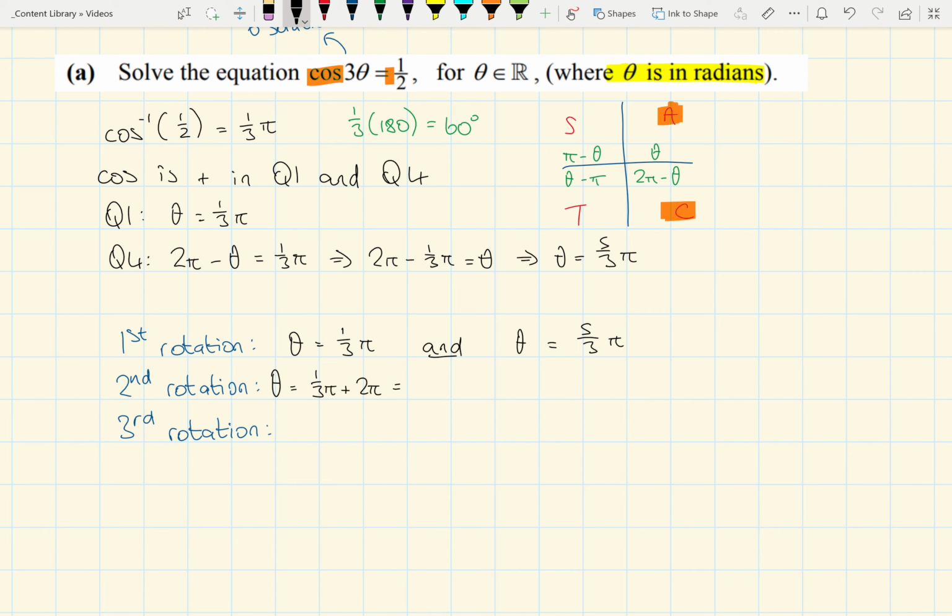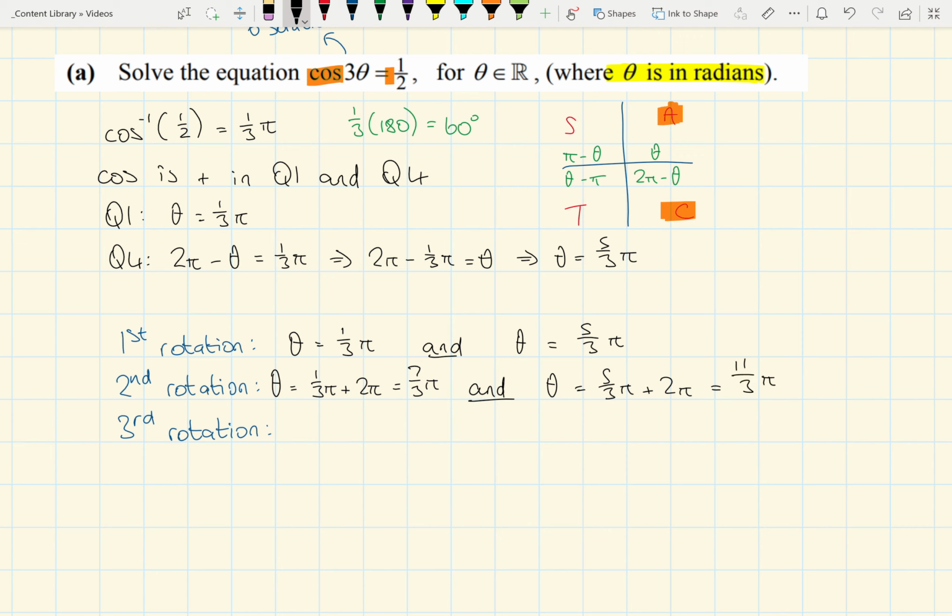So into your calculator, just peace of mind, 1 over 3 pi plus 2 pi is going to give us 7 over 3 pi. And our second angle, theta, is going to be equal to 5 over 3 pi plus 2 pi. Into your calculator, we'll get 11 over 3 pi.